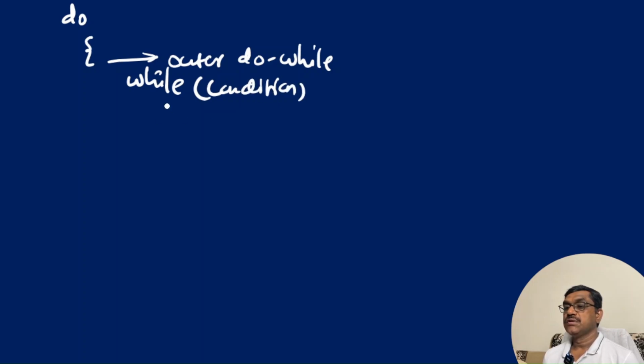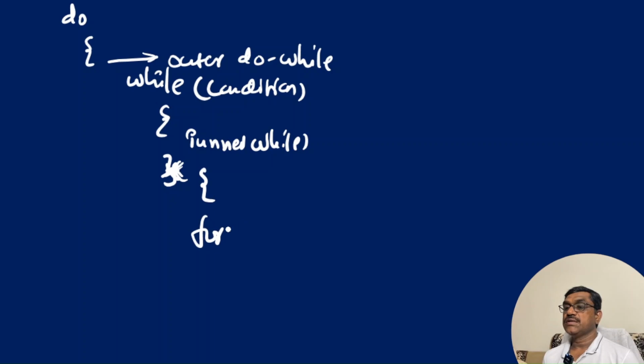We call this the inner while. Within this inner while, I am going to have another loop. Assume that I am writing it like this: for initialization, condition, and here some updation.